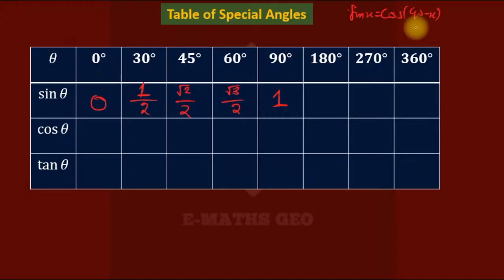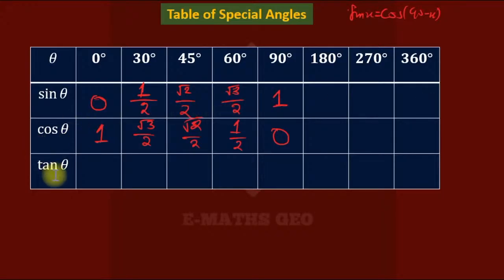So sine 0 and cos 90 are the same thing, which is 0. 60 and 30 will be the same thing. So 90 and 0 will be the same thing. It's just the same thing in the opposite direction from the back, where we decrease the numerator from 3 with 2 and 1. So that is it.